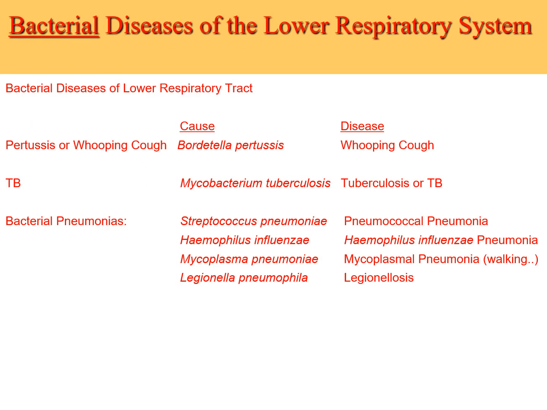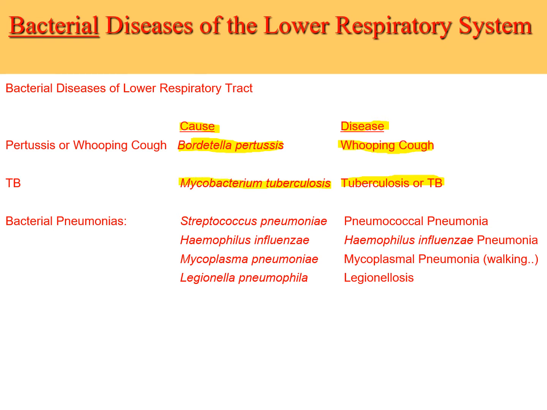So in terms of bacterial infections in the lower respiratory tract, some of the ones that are pretty key, and these are names of the organisms, and these are the names of the diseases they cause. There's pertussis, or whooping cough, caused by Bordetella pertussis. TB, or tuberculosis, caused by Mycobacterium tuberculosis.